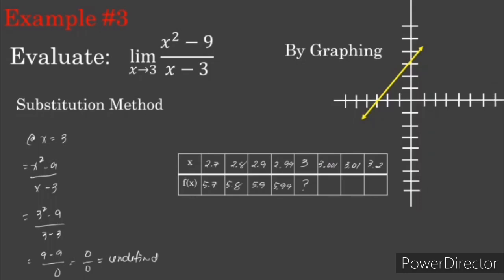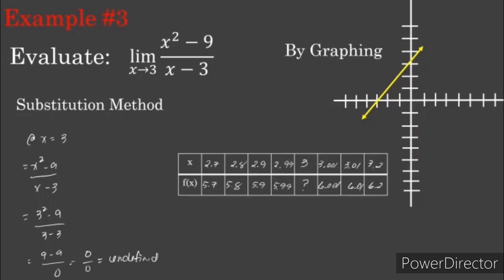Kapag 3.2, it will become 6.2. Kapag 3.01, it will become 6.01. Kapag naman 3.001, it will become 6.001.